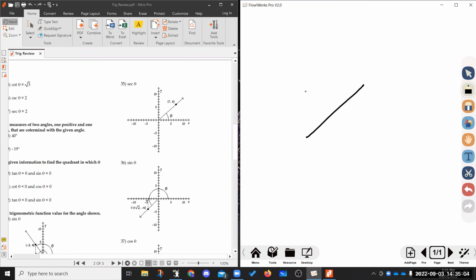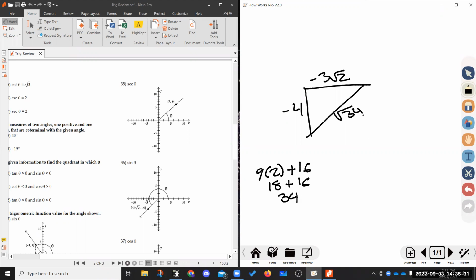Now we have an angle that's in quadrant 3, and we have -3√2 for the x, -4 for the y. We're going to have to find the hypotenuse again. This is going to be 9 times 2 plus 16. 18 plus 16 is 34. This is √34.